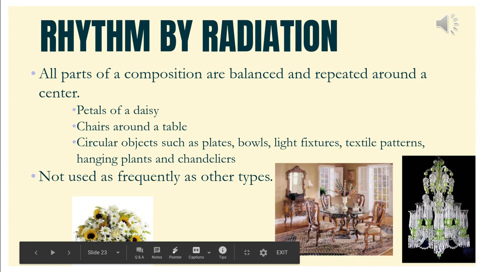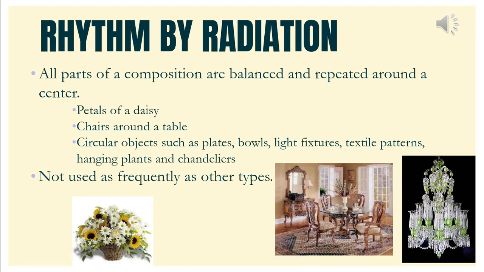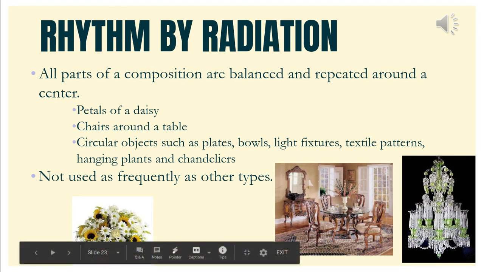Well, you should see the center table circle with the chairs radiating out from it. How do you see radiation in this chandelier? Well, you should see a center piece and all of these little light pieces coming out from the middle to the outside. So they radiate outward.